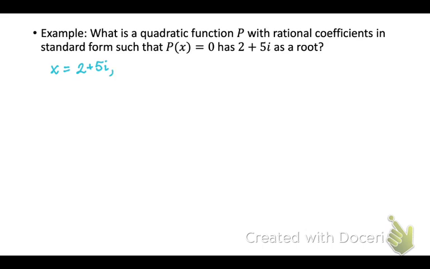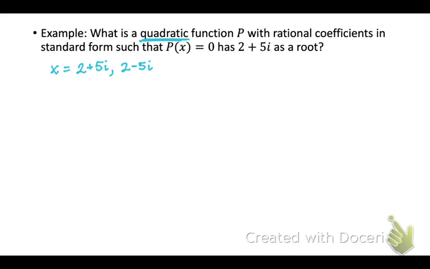Why do I say one of our roots? Because what's the other one has to be? 2 minus 5i. And it's quadratic, so what's your degree? 2.